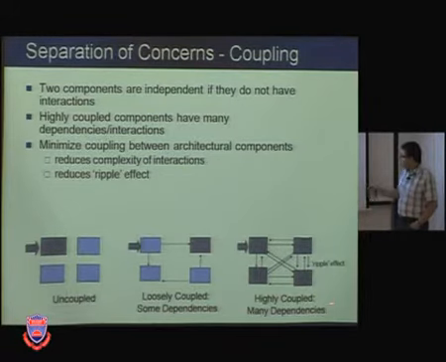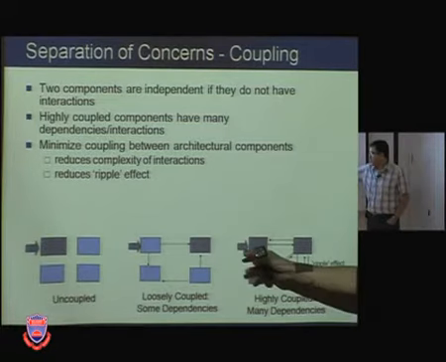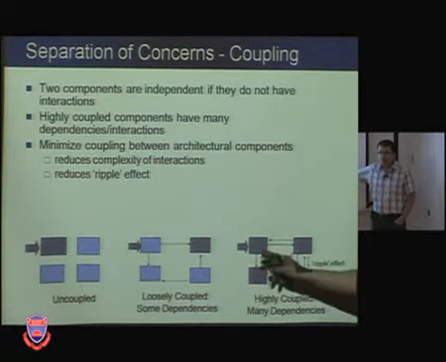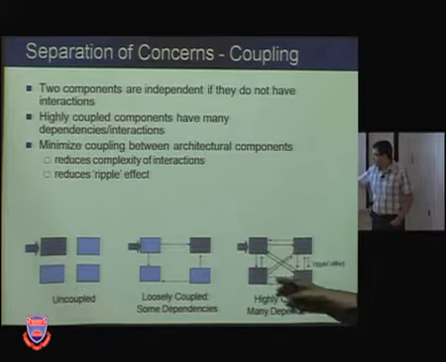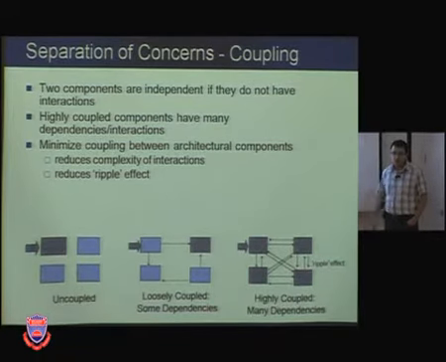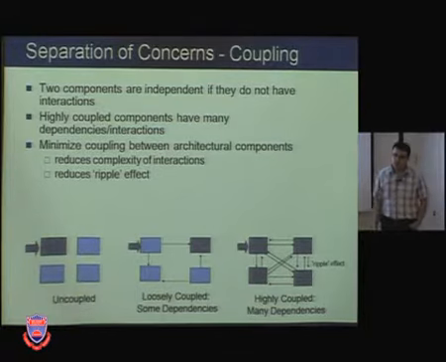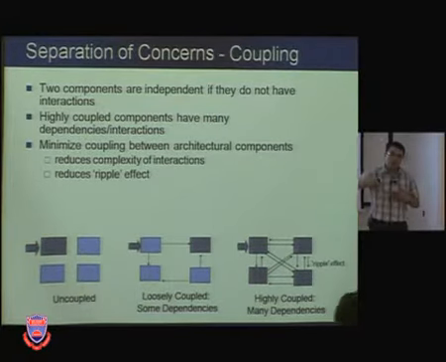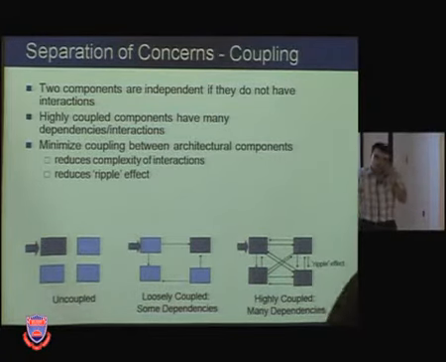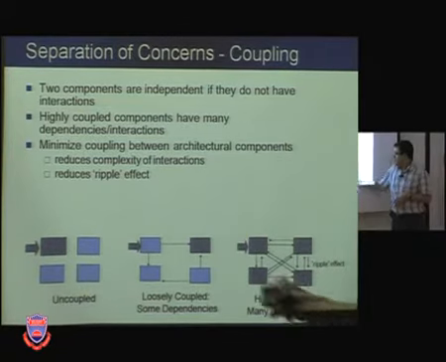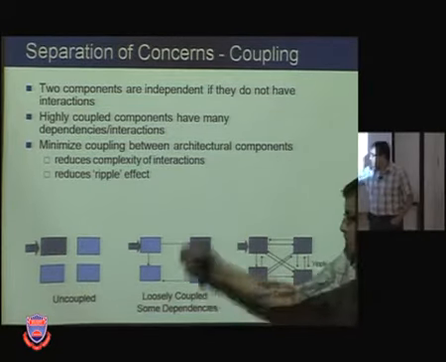This is a highly coupled system. There are many dependencies. If we need to change some component, because of the couplings we will have the so-called ripple effect. A change will trigger another change requirement. Okay? So this is bad. This is a loosely coupled system.